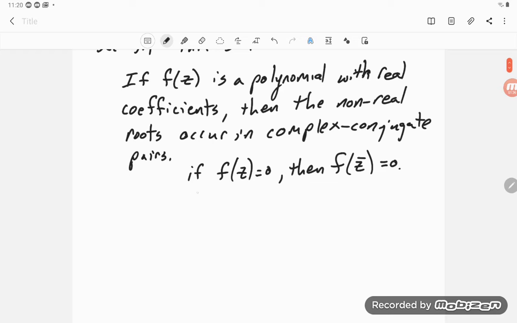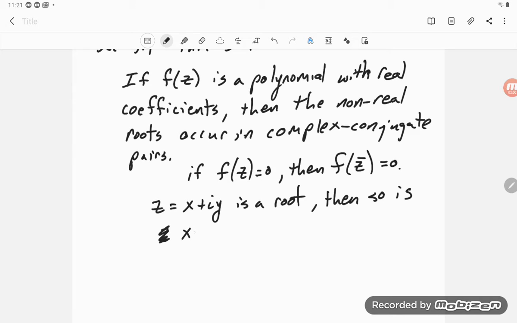Or another way to say it, if z equals x plus iy is a root, then so is x minus iy a root.